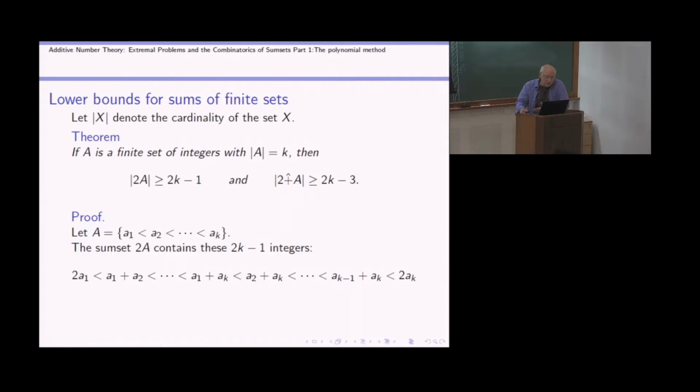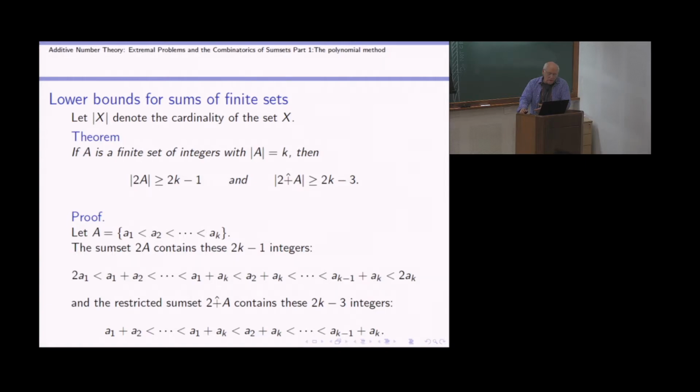And the proof of the first is one line. Namely, if you have K integers, you have A1 plus A1, A1 plus A2, and so forth, up to A1 plus AK, and then A2 plus AK up to AK plus AK. So you have this strictly increasing sequence of 2K minus 1 integers contained in the sum set. So every sum set contains at least 2K minus 1 numbers.